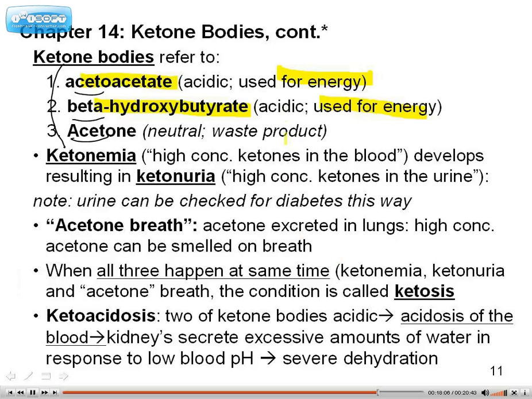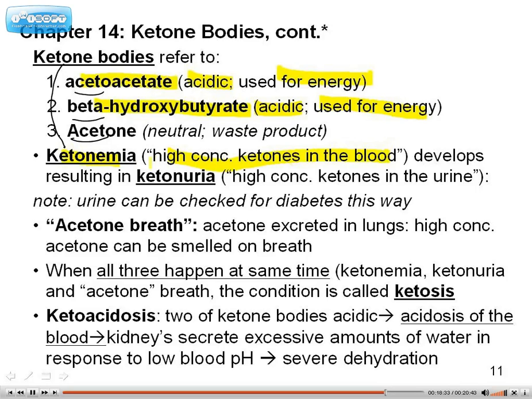Keep in mind, this is not a foolproof process. This is a worst-case scenario for the body. So these molecules, when they enter the blood, it's very acidic. There are various conditions. I'm just going to talk about the conditions briefly, not the long-term effects. One way you know you're going into ketogenesis is because of ketonemia, where there's a high concentration of these ketones in the blood.